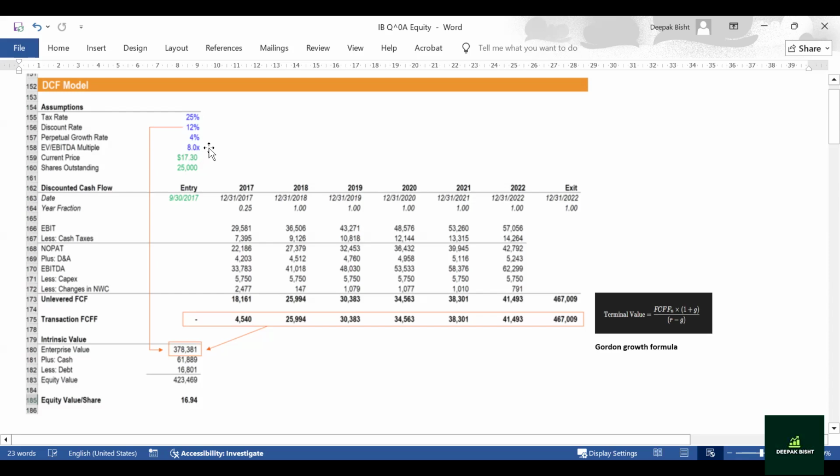During valuation, we talked about trading comps. So this actually came from there. The perpetual growth rate, we have assumed based on the condition of the economy's growth rate. The discount rate is the weighted average cost of capital, from the cost of debt and cost of equity.